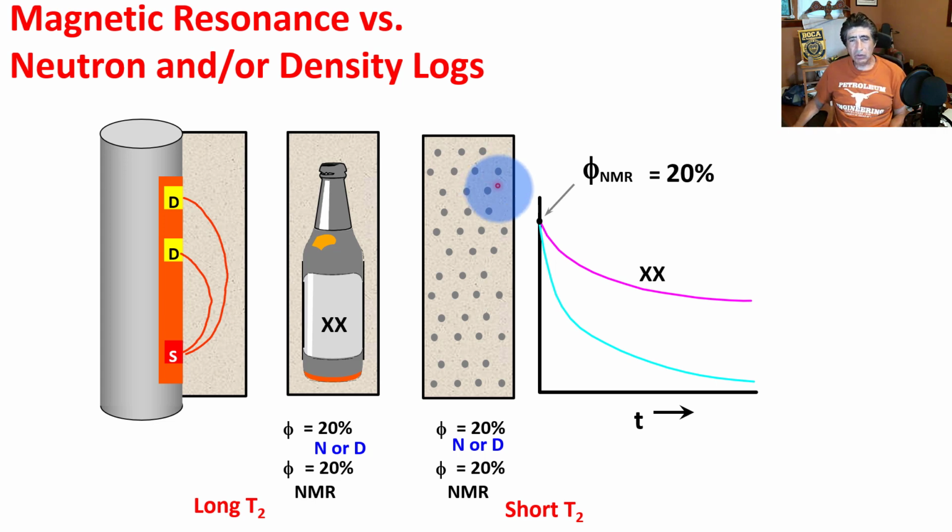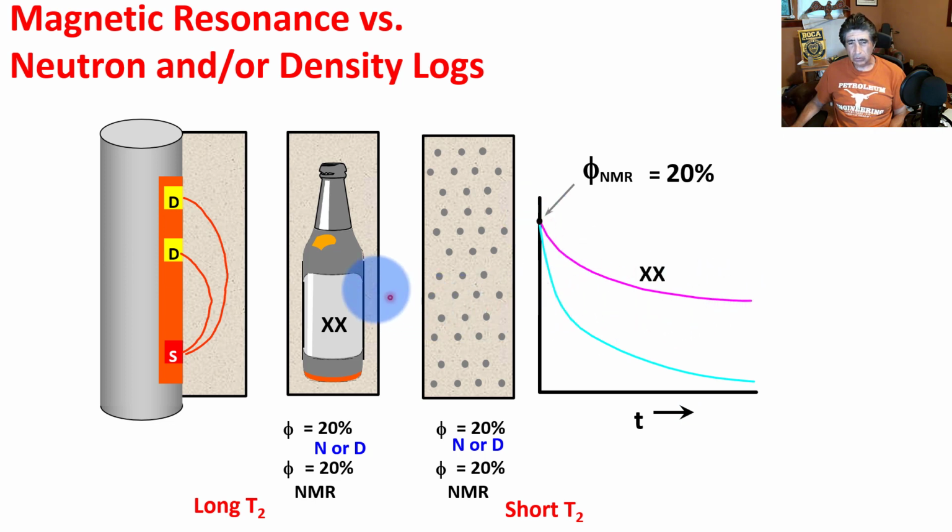What magnetic resonance does is, first of all, it measures the decay of effective proton magnetization as a function of time. And the decay can happen very fast or very slow.